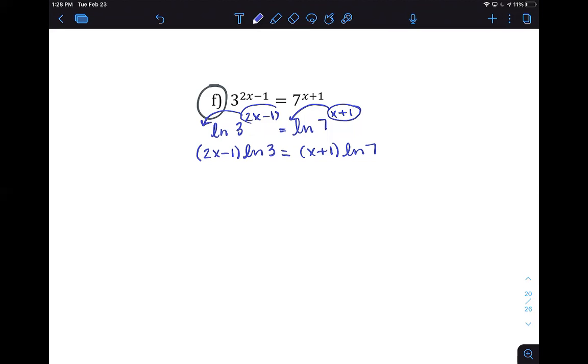So we're going to distribute: 2x natural log of 3 minus the natural log of 3 equals x natural log of 7 plus 1 natural log of 7, or just natural log of 7.